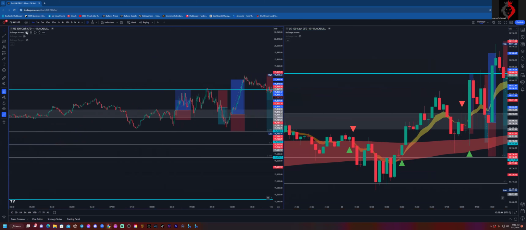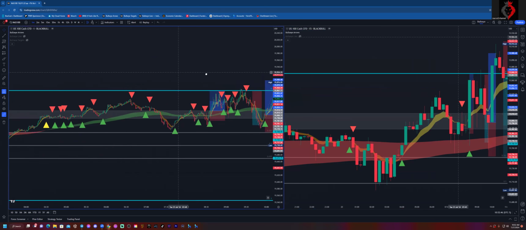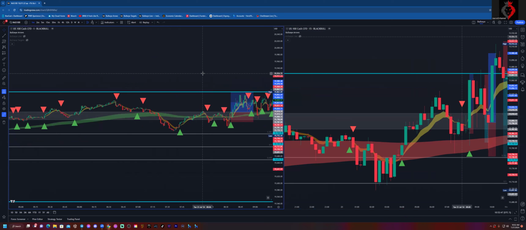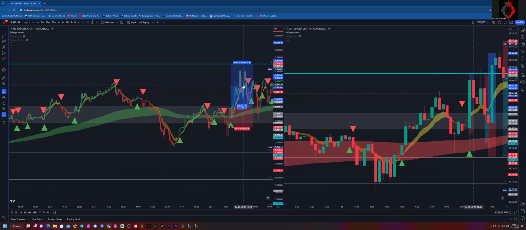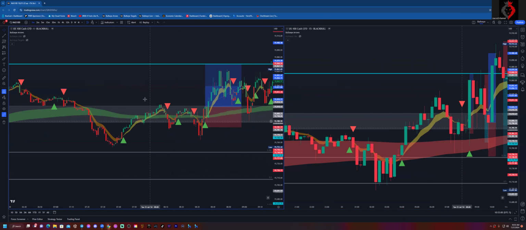Let's look at 1 minute. All right, you got a green cloud. So we know it's going to be a very high risk buy situation if you have a red cloud on 15 and a red arrow on 15, and you go to 1 minute and at 8 o'clock you have a green cloud. So all the buys are going to be very high risk. Okay, so now we wait for 8:30.